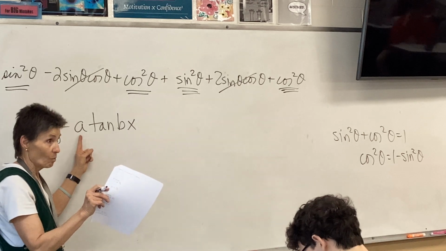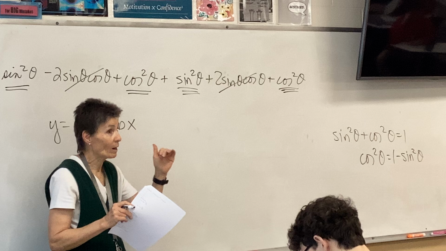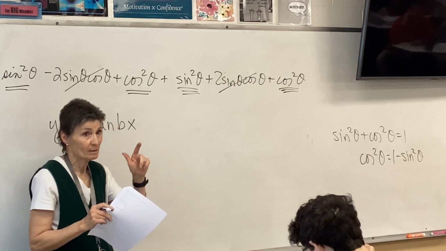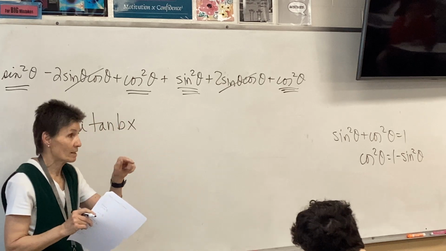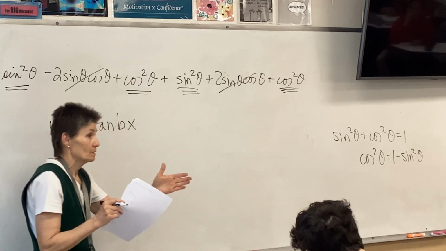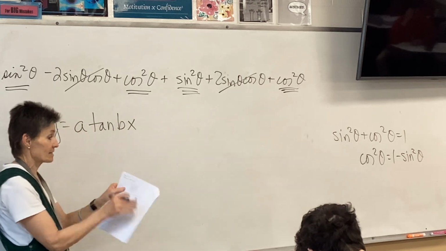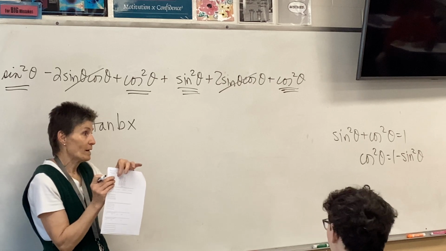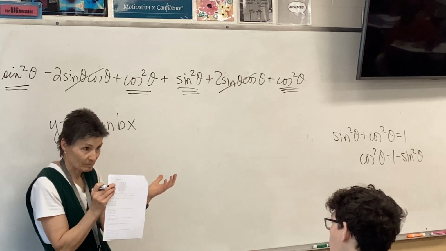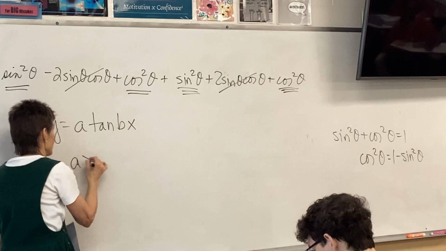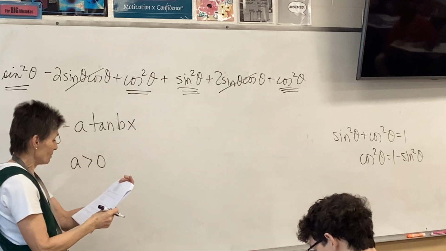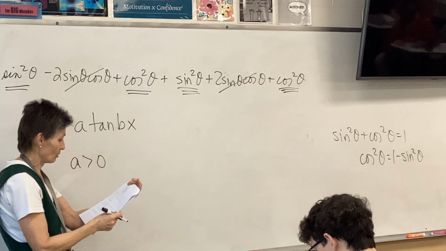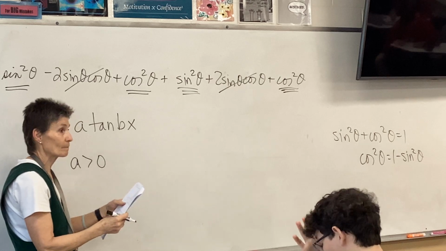Positive. Well, how do I know it's positive? I don't know what it is, but how do I know it's positive? Because the curve is going the way it's supposed to go. This is what a tangent is supposed to look like. So I know that it hasn't been turned upside down. So A is positive. So already we know the answer is either A or B.